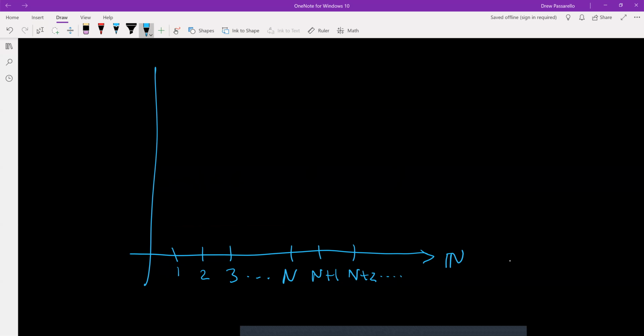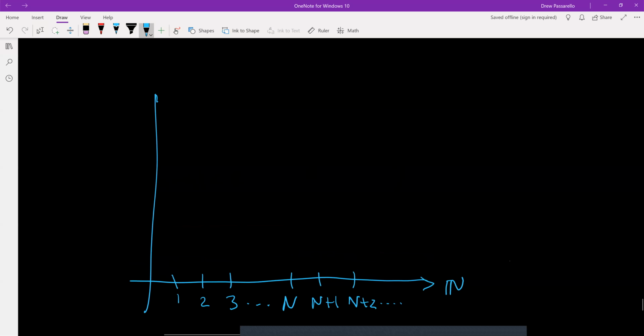Now my y-axis, think of that as the values of the a_n, so the actual values of the sequence.